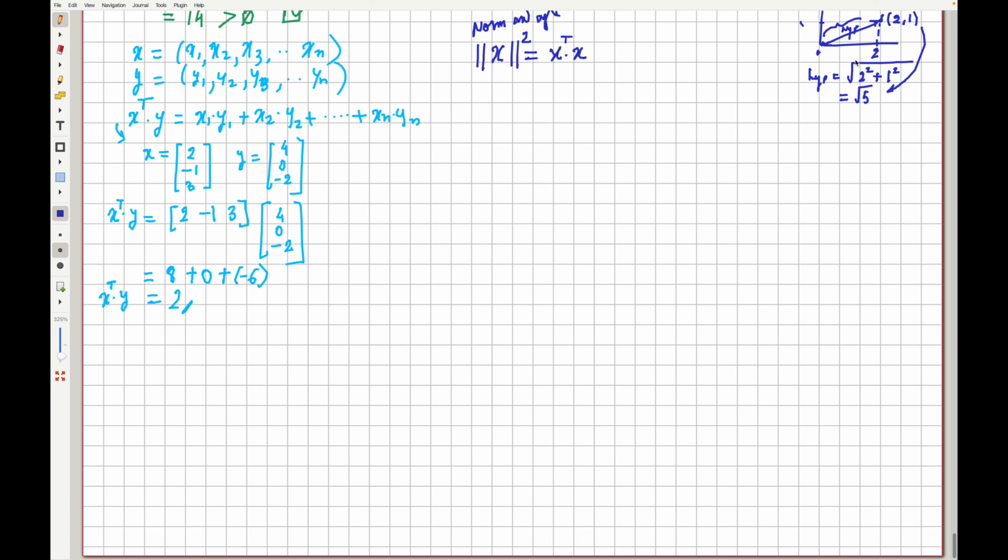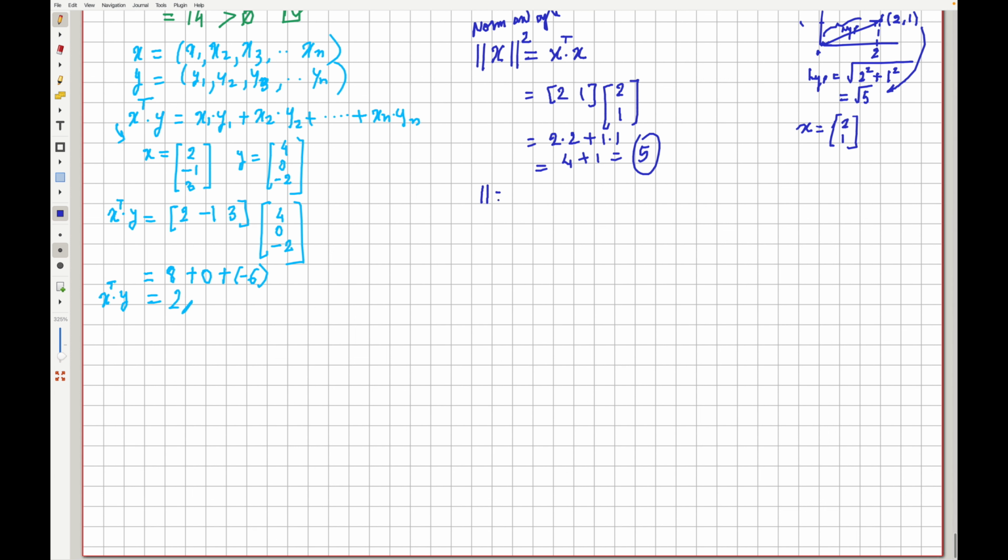So here, if we say that our x value is (2, 1), so this is the vector x, then if we perform this operation where we take the transpose of that (2, 1) and dot it with (2, 1) as a column vector, we have 2 times 2 plus 1 times 1, which gives 4 plus 1, equal to 5, and that is the squared norm.